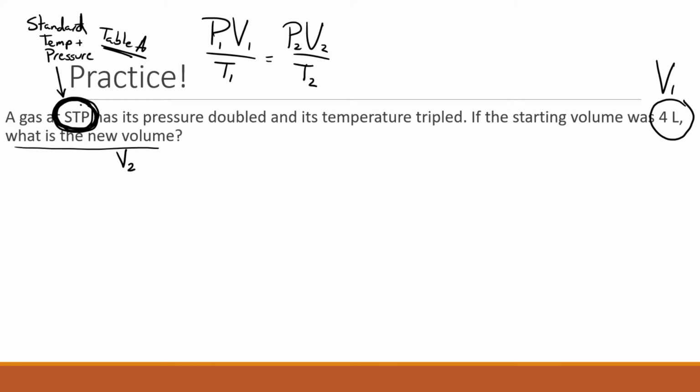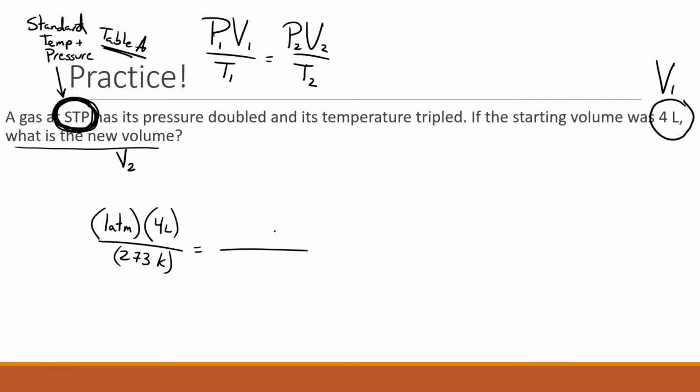So STP gives us our P1 value and our T1 value. We can plug in 1 atmosphere, 4 liters, 273 Kelvin.